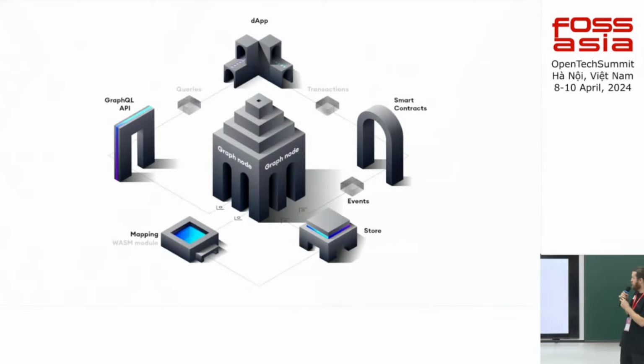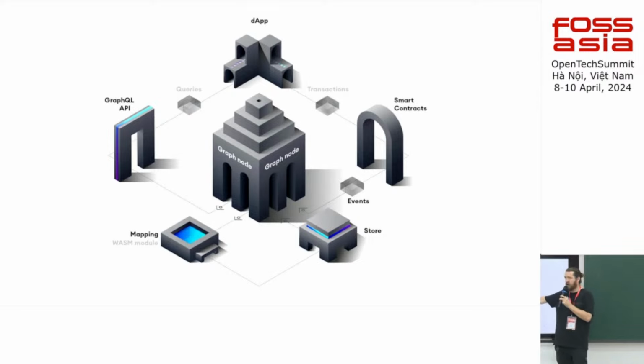So this is what it looks like at a high level. Imagine you have your dApp: HTML, CSS, JavaScript. You still deploy your smart contract on the Ethereum chain of your choice. You still propose transactions and make transactions to your smart contract. But in this case, your smart contract emits events. Those events are picked up by what's called Graph Node, which is the open source engine that does the processing of the data.